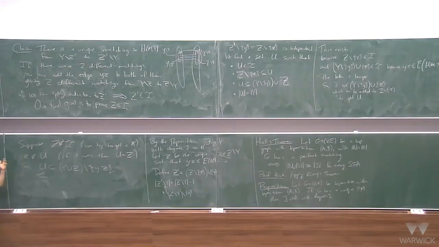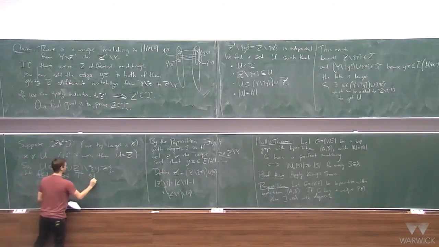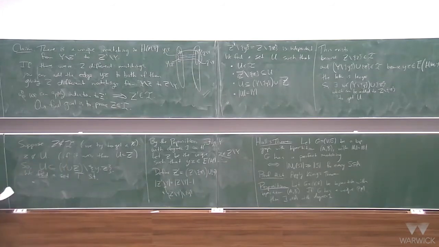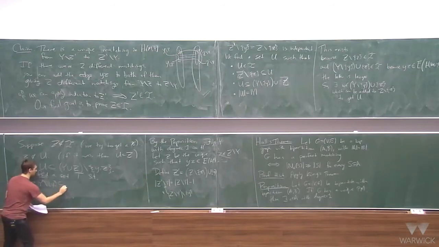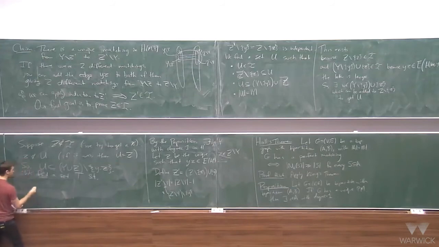So now we do a similar sort of trick as we did to construct U, but we construct another set T. So we find a set T such that, let me write things in the same order as before: T is independent, T contains Y minus y.